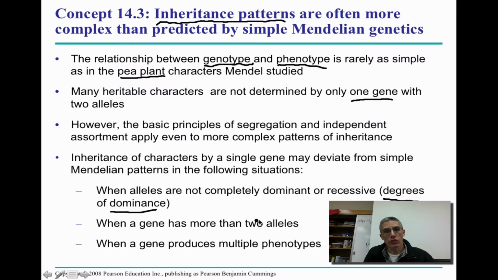When a gene has more than 2 alleles, as we mentioned earlier, this can have a pretty significant impact on what you're going to see in the environment as well. Then we also have a gene that might produce many different phenotypes in the population. We're going to look at those in today's screencast.